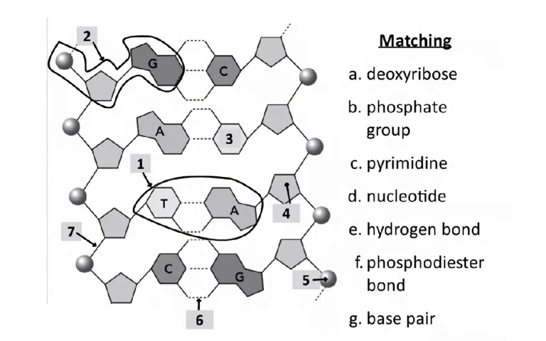So let's do some practice here. We have a matching exercise. Let's start with number 1. Number 1 is pointing to two bases or a base pair. Number 2 is pointing to a phosphate group, a sugar, and a base.